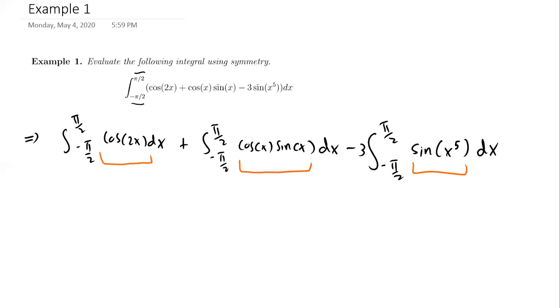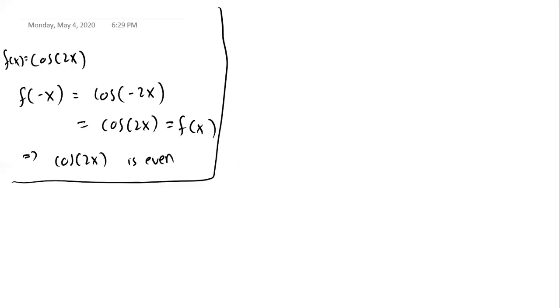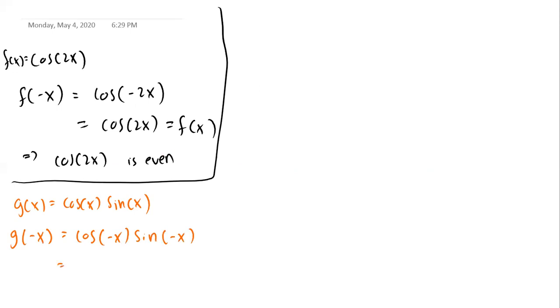Now let's look at cosine times sine. So g of x is cosine of x times sine of x. And again, we do the same algebraic check. We plug in negative x, simplify, and see what we get. So g of negative x is plug in negative x wherever you see x: cosine of negative x times sine of negative x. Now cosine is even, so the negative disappears and you get the original function.